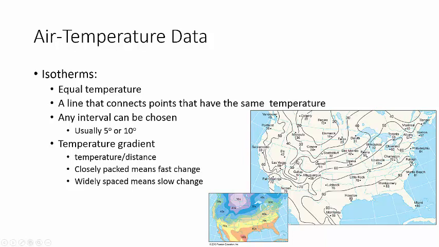They're not meeting. You can't touch, okay? Because if you touch or cross, then the scientists get all confused. Because this line here, this top one, means that it is 40 degrees. And this bottom one means that it's 50 degrees. So if you were to cross them, then you're saying wherever they cross or touch, it is both 50 degrees outside and 40 degrees outside.